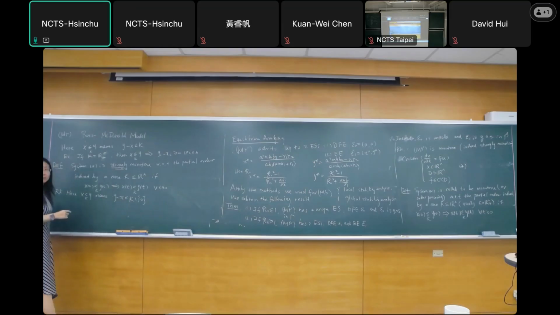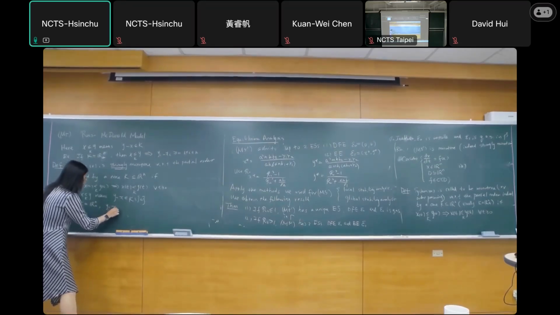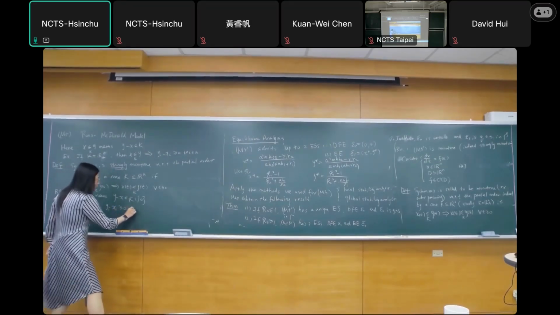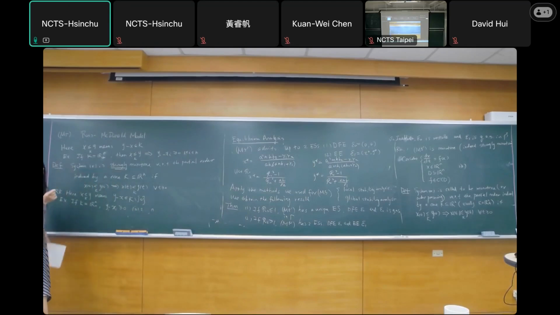y minus x should be in the positive cone, but y is not equal to x. In other words, in the previous example, if the cone is the first quadrant, then y minus x is greater than or equal to 0 for all components, right? Because this time the cone is the first quadrant.